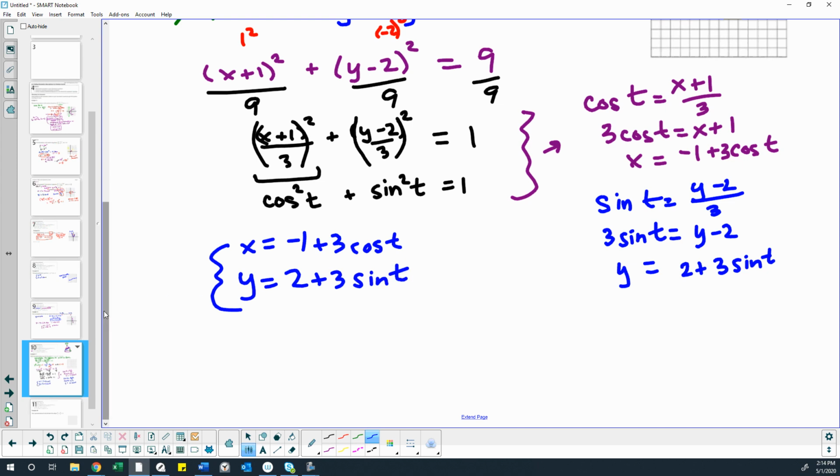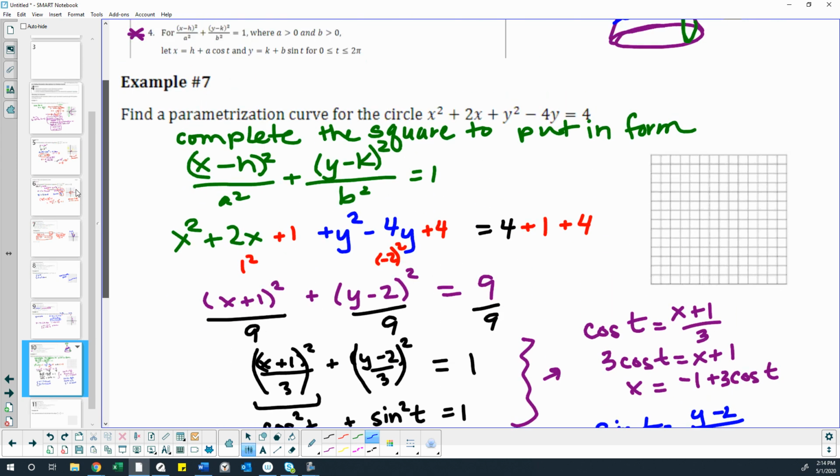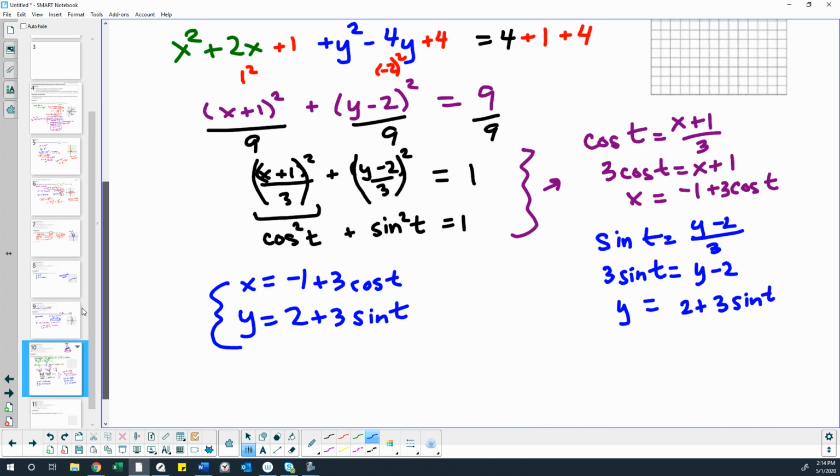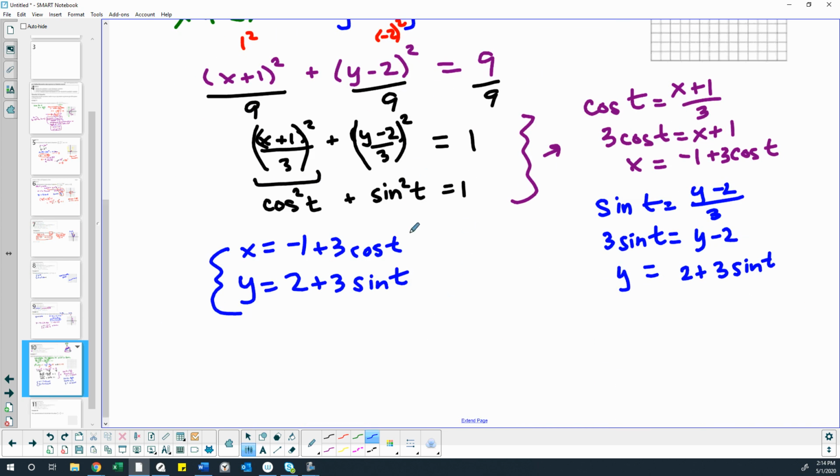Did it give us a parameter restriction? Find a parameterization. Oh yeah, 0 to 2 pi, because we just want to go around the circle once, right? Which means we probably shouldn't include 2 pi. We should start at the point and end just before it.